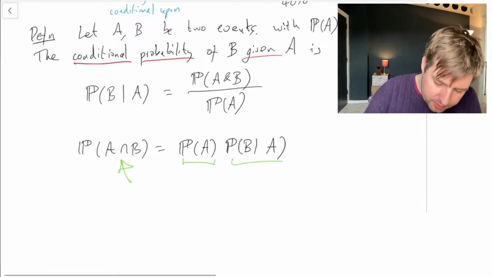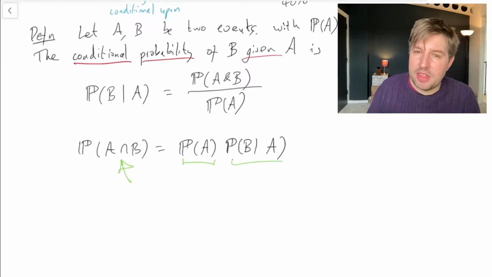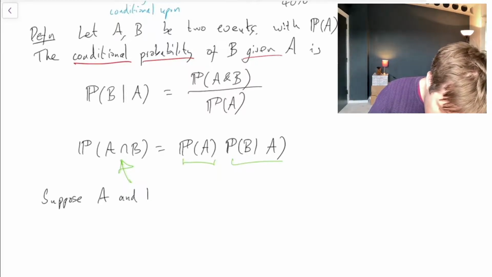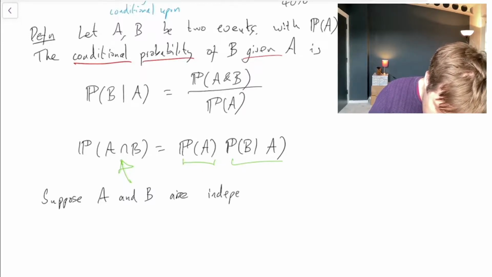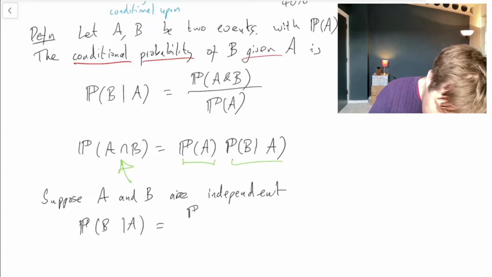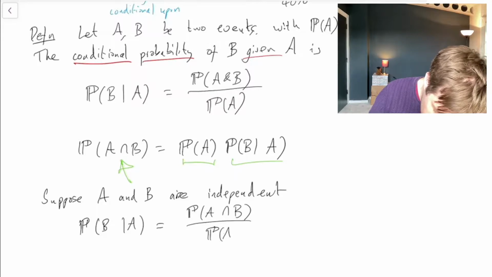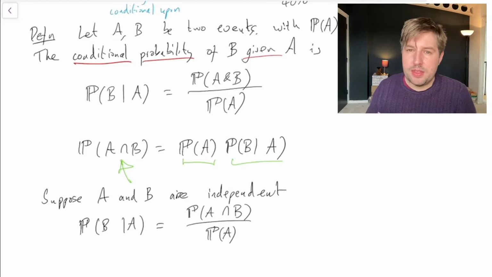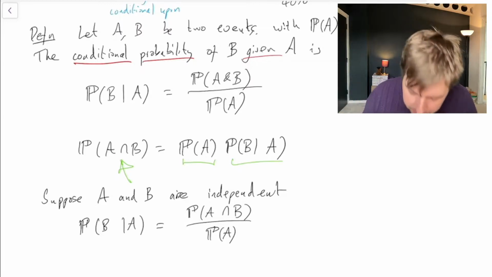One more thing here, which is about tying together conditional probability and independence. If we suppose A and B are independent, then what can we say about the conditional probability? Well, the conditional probability of B given A is the probability of A and B over the probability of A. But if they're independent, we know that you get the and probability by multiplying the probabilities.